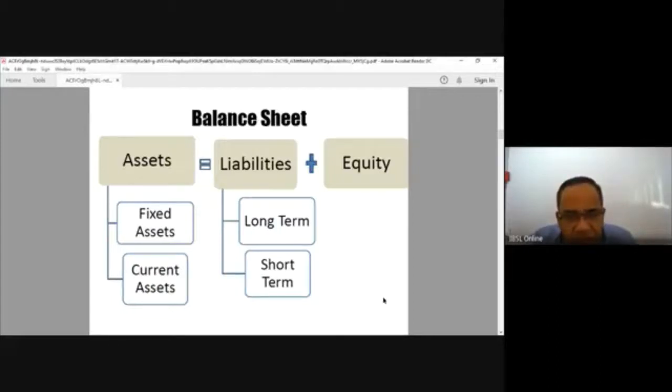Any other business with that kind of structure, we will not go and finance it. You say you are highly leveraged, so it's very risky. But when it comes to a financial institution, that's the style, because we are in the business of financial intermediation.